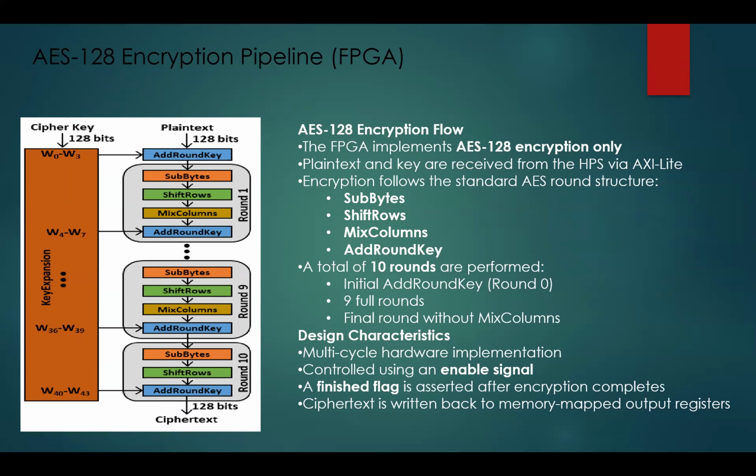Design characteristics: multi-cycle hardware implementation, controlled using an enable signal. A finished flag is asserted after encryption is complete. The cipher key is 128 bits, and the plain text is 128 bits too. Round 1, round 9, round 10.